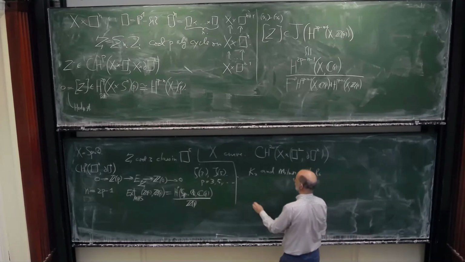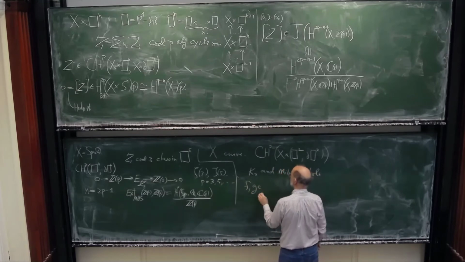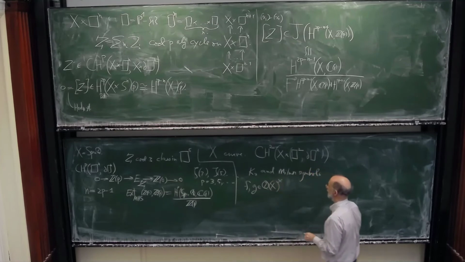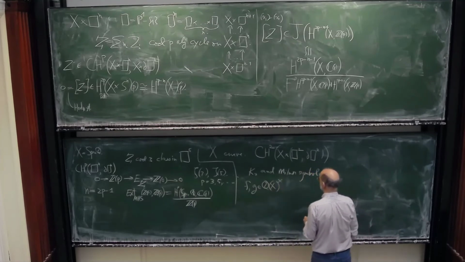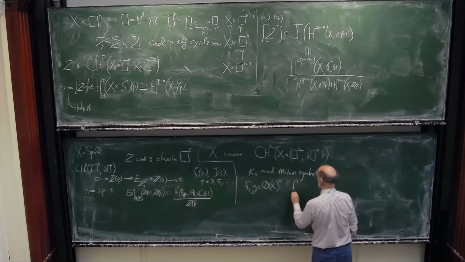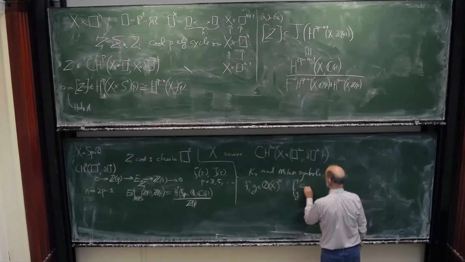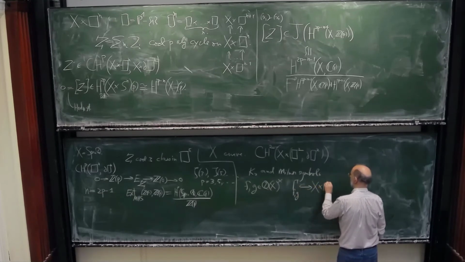Namely, if I have two functions, say f and g, meromorphic functions on x, then I can look at the double graph called gamma of f and g, and I can view that as being a certain cycle on x cross box 2.